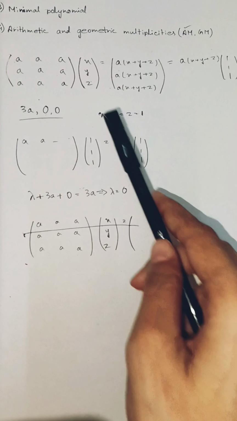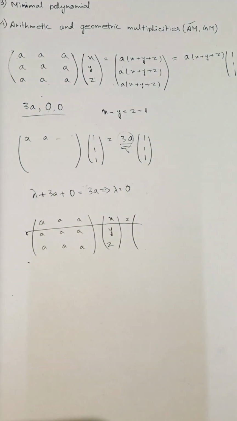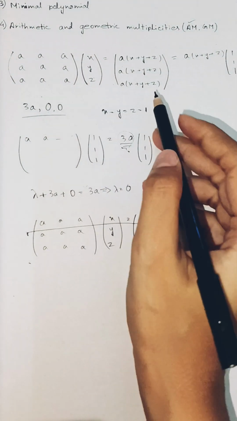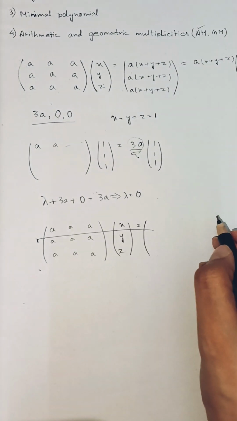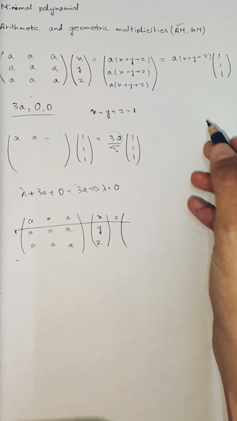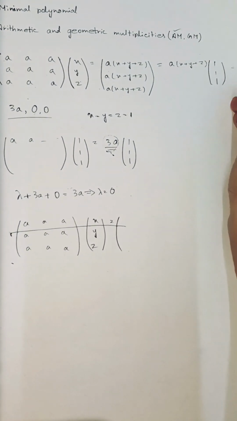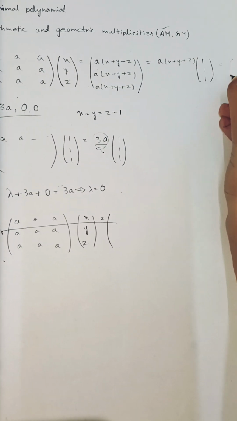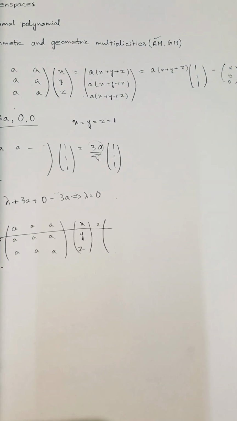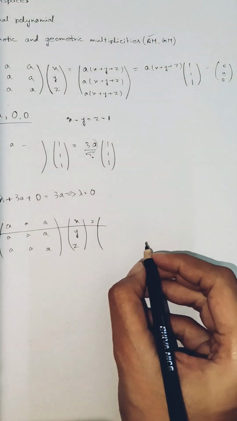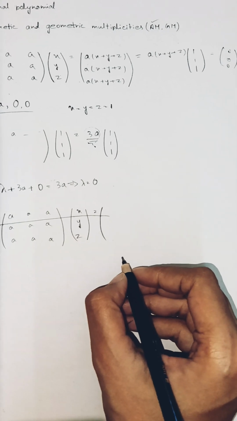So this vector will be equal to 0. That means this will be equal to 0, 0, 0. Right? Then we have only one equation.